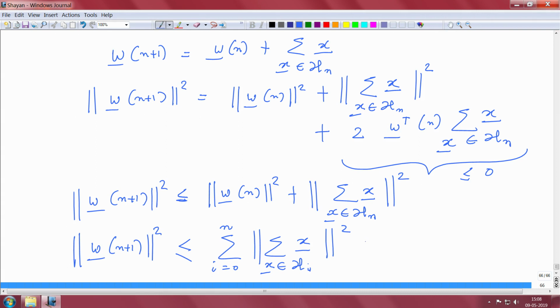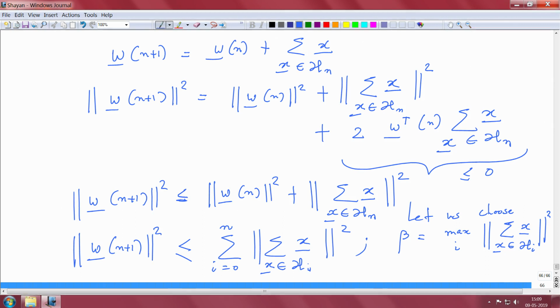Now, let us choose a quantity beta to be the maximum over all i of the norm of summation over x, x belonging to this set of misclassified points at time step i, right.